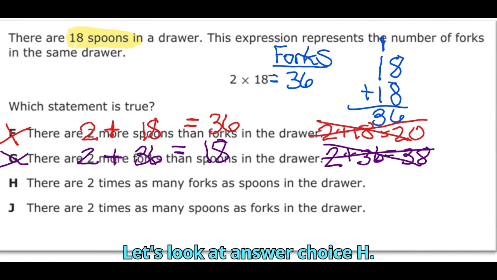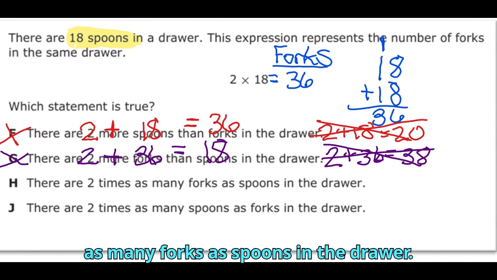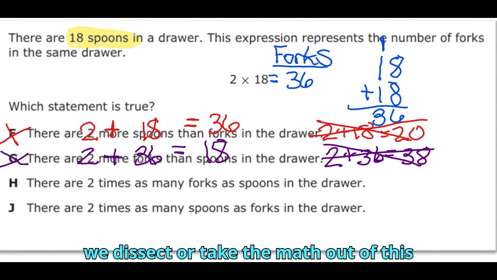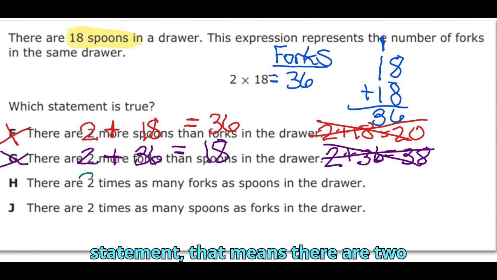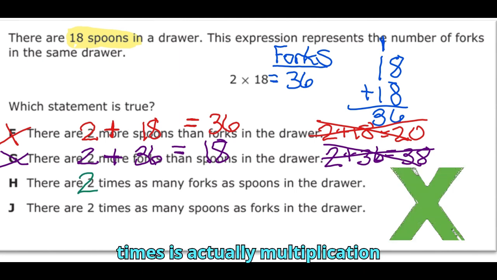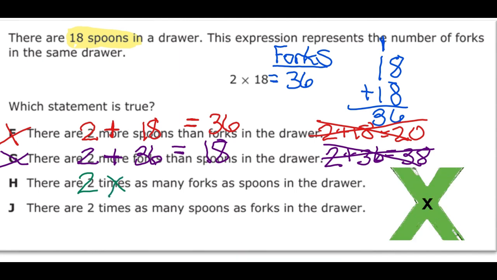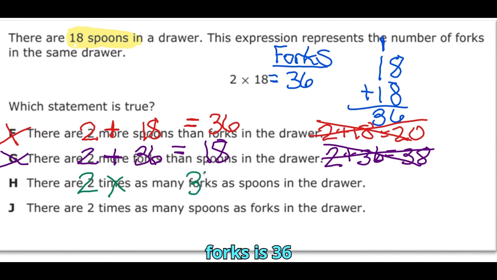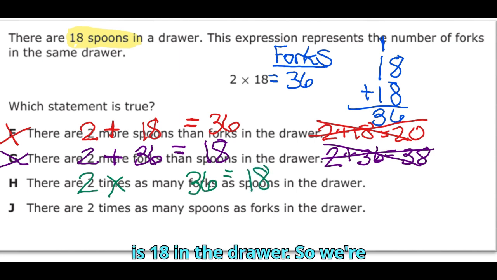Let's look at answer choice H. Answer choice H says there are 2 times as many forks as spoons in the drawer. When we dissect or take the math out of this statement, that means there are 2 times is actually multiplication. 2 times as many forks, the number of forks is 36, as spoons. In this case, spoons is 18 in the drawer.